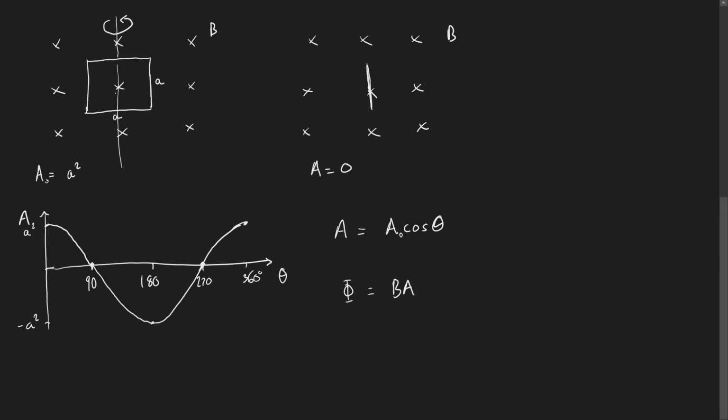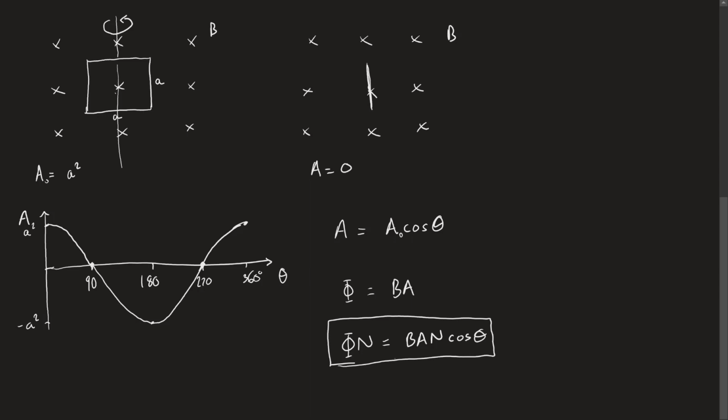So if this is A, I could substitute this in for A naught cos theta, or I could say that the flux linkage, which is the flux times N, is actually B A naught times N times cos theta. So I've just multiplied the flux by N, and I've substituted A for A naught cos theta. And this is your expression for the flux linkage that you get in your formula sheet.